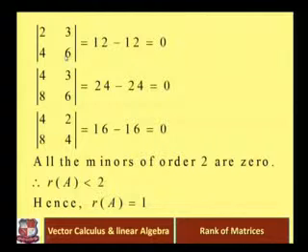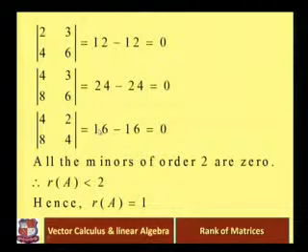And here take another 2 by 2 minor, that is 6 into 2, that is 12, minus 4 into 3, that is 12, is equal to 0. And another minor, 4, 3, 8, 6, the answer of that minor is 24 minus 24 is equal to 0. And 4, 2, 8, 4 is another minor of the determinant, and the answer of that determinant is 16 minus 16, that is 0.